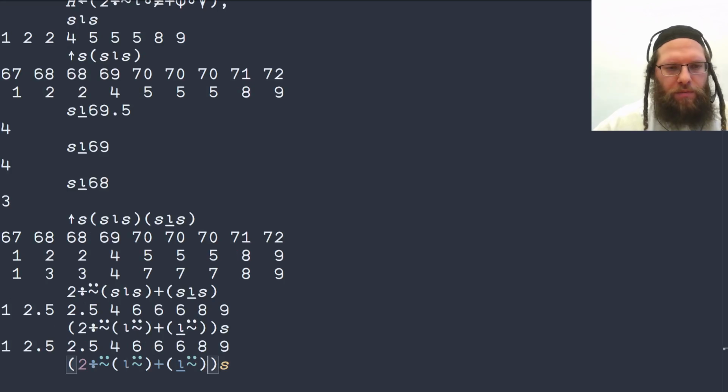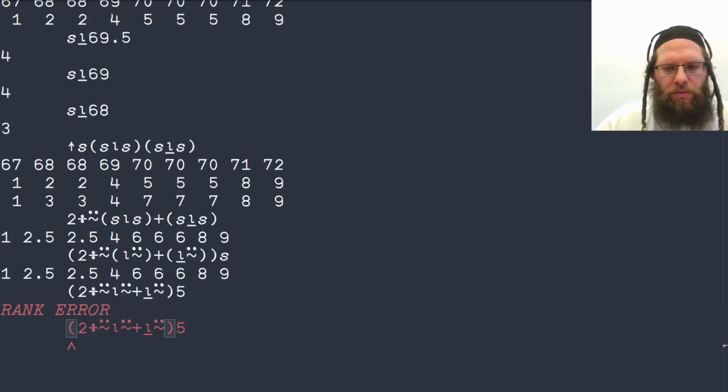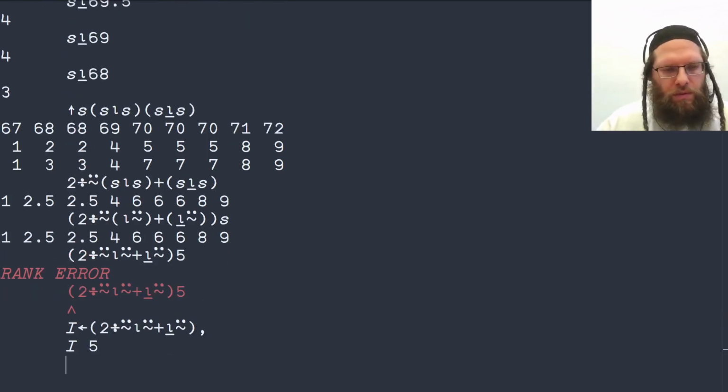And now we just have some redundant parentheses that we can remove. This is, in my opinion, a beautiful solution. Again, in order to handle a scalar case, we need to ravel. But other than that, this works.